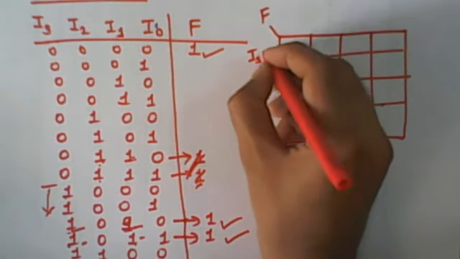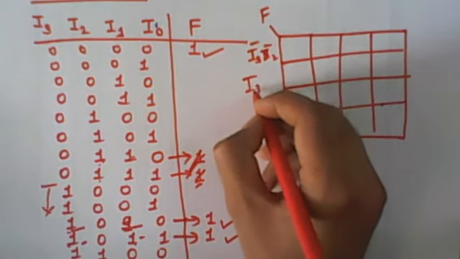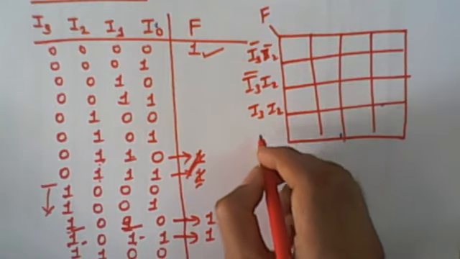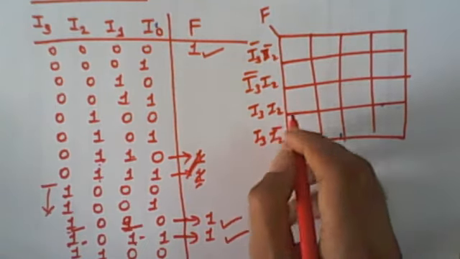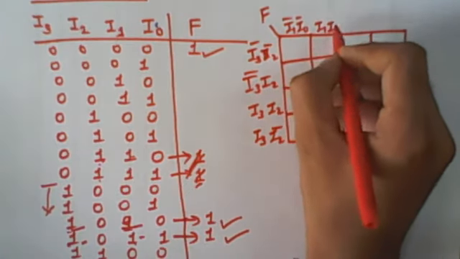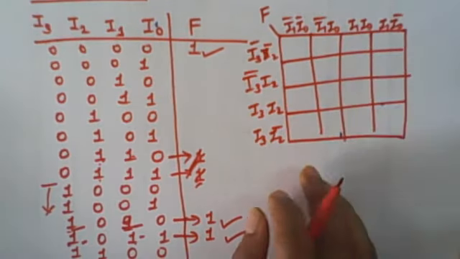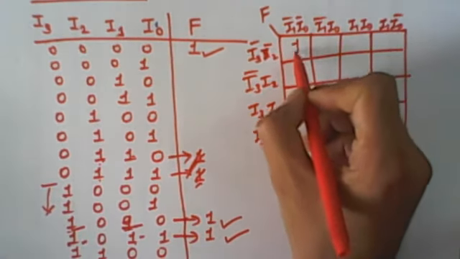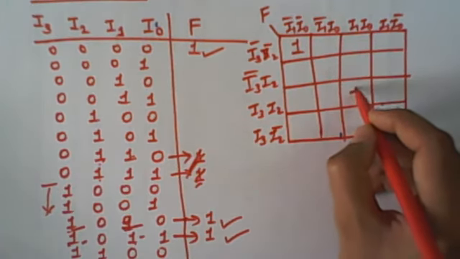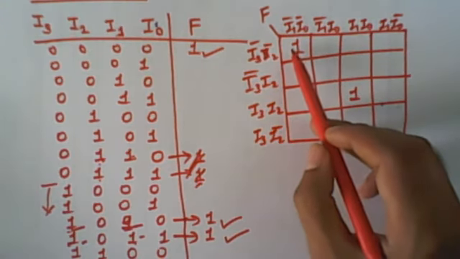So here we have I3 bar, I2 bar, I3, I2 across and I1, I0 bar, I1, I0 along. So in minterm 0, it is 1 output. In minterm 15 also output is 1 because all the inputs are 1 here.